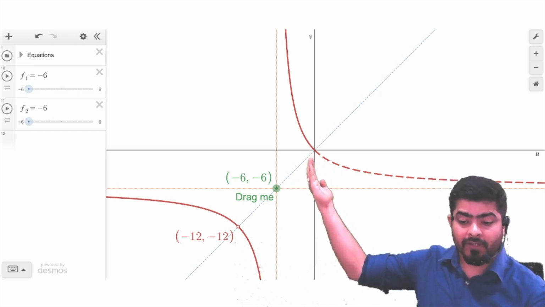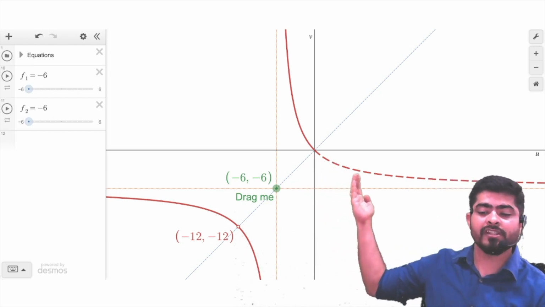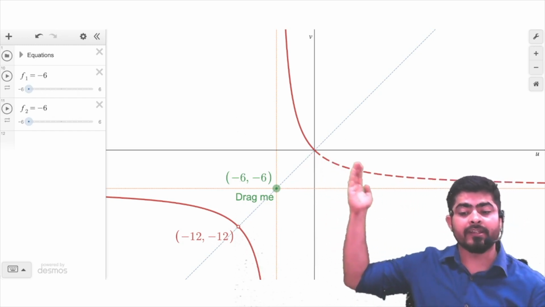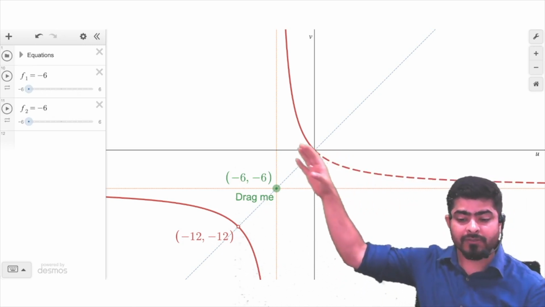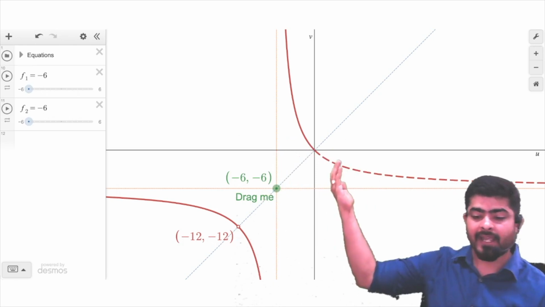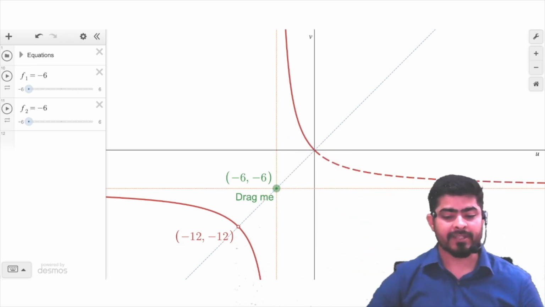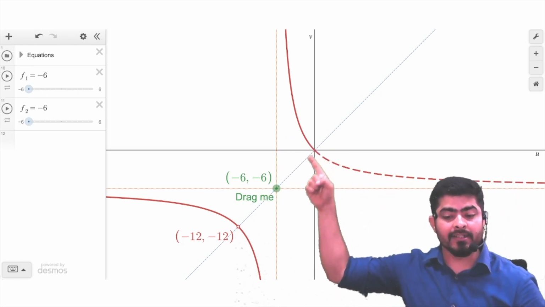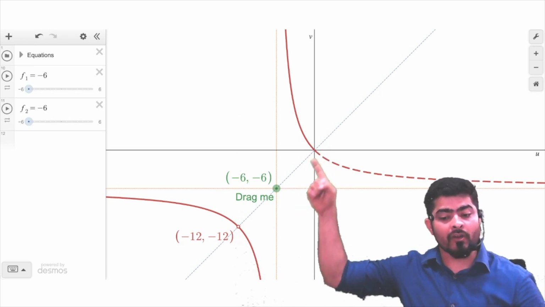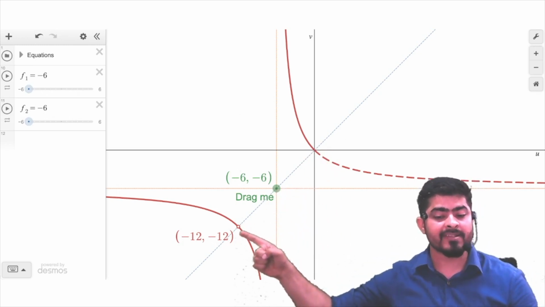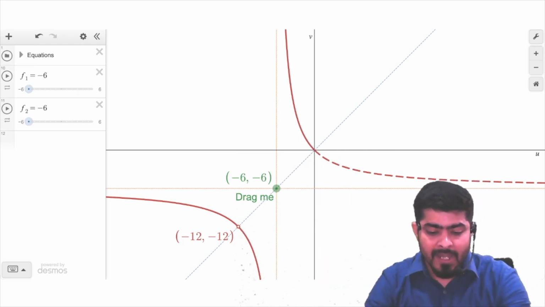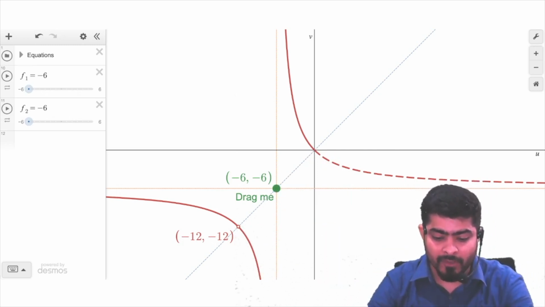But for virtual object, that is when u is positive, here I have taken a dashed line. So this side is for the real object and this side is for the virtual object. And as you can see, the line joining origin and the shifted origin passes through 2f comma 2f, that is -12 comma -12.